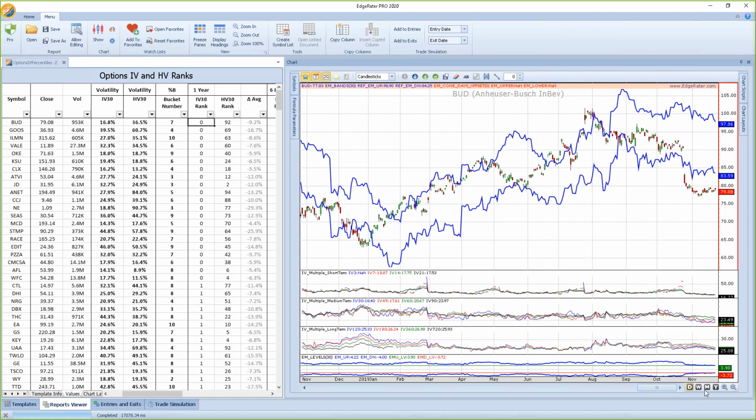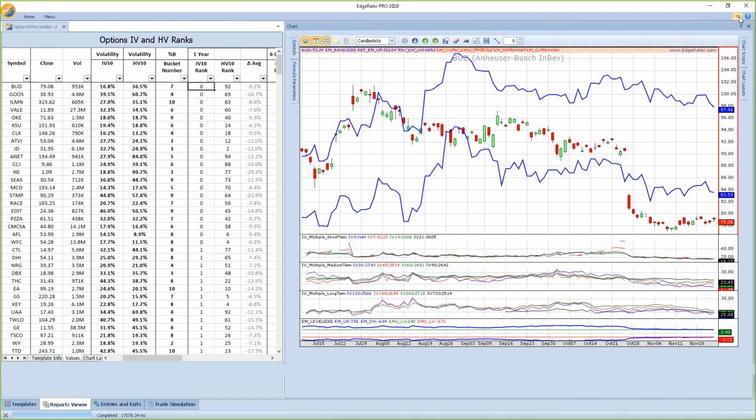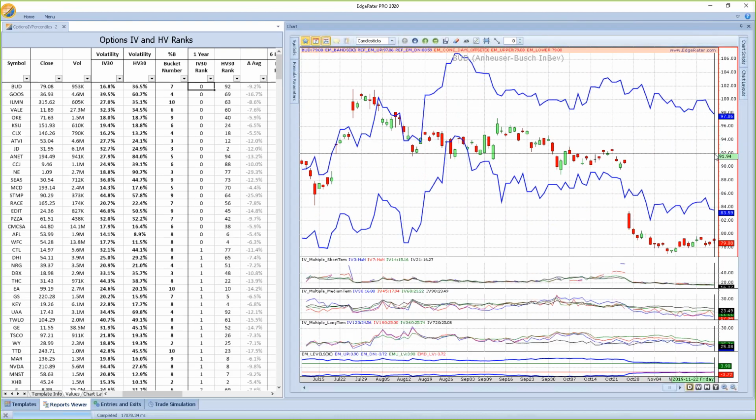Okay. Now, this chart might look a little bit more complicated, but the areas below the main chart are showing you short-term, medium-term, and long-term implied volatilities. And you can see how they differ. The short-term set of implied volatilities are your 3, 7, 14, and 21 period implied volatilities.